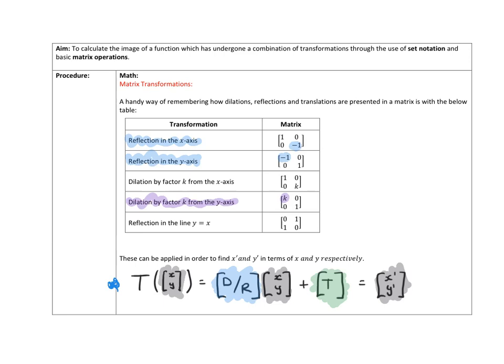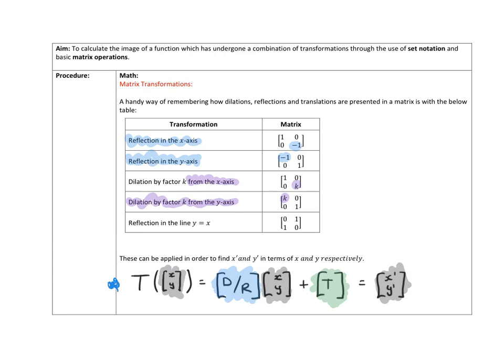So a dilation factor of 3 from the y-axis literally takes each x value and multiplies it by 3. Functionally though, this would be the equivalent of subbing in x over 3, and you'll see later how this works out. If we're referring to a dilation factor from the x-axis, we know that just like the reflection about the x-axis, our factor will appear in the bottom right-hand corner.